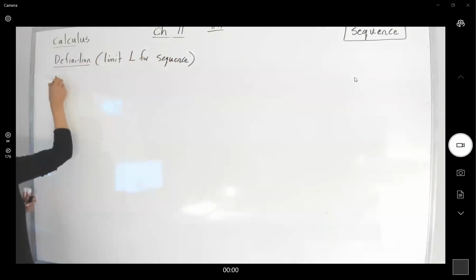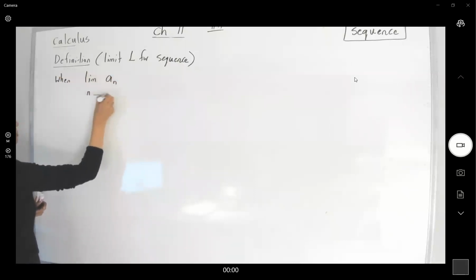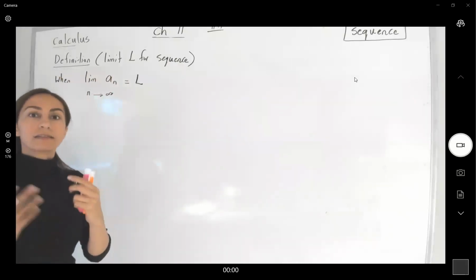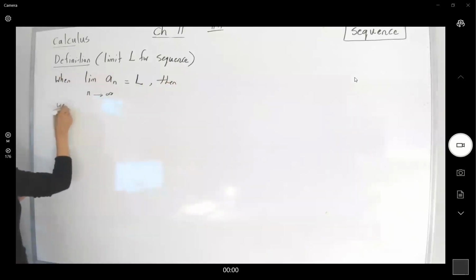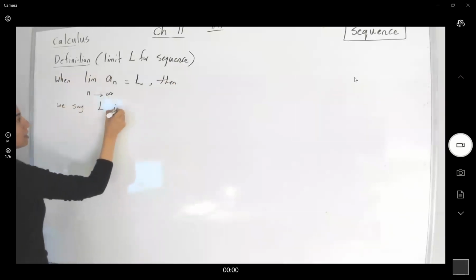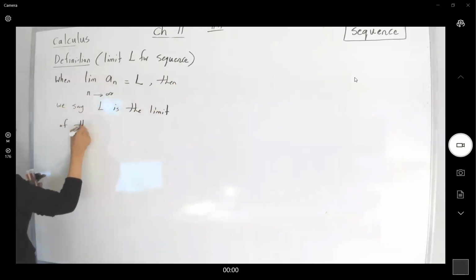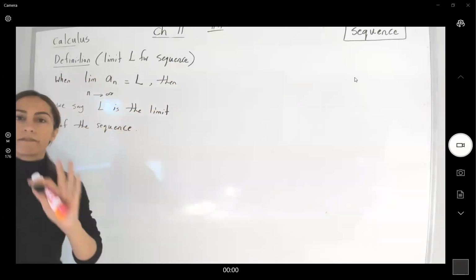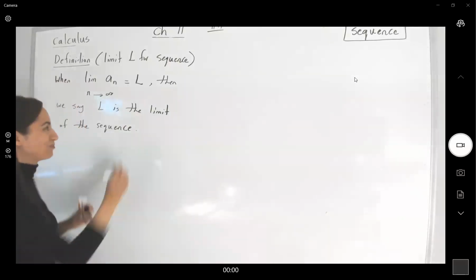So when the limit of your sequence as n approaches infinity is equal to a number like L, we say that L is the limit of your sequence. Then we say L is the limit of the sequence. In this case, we say that the sequence is convergent to L.